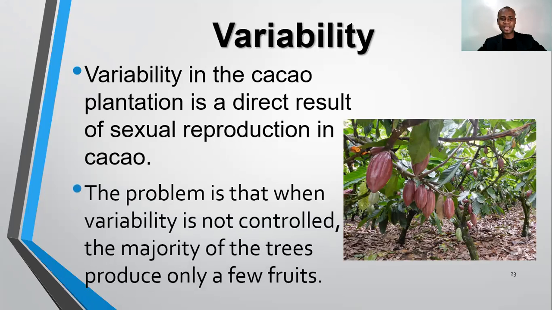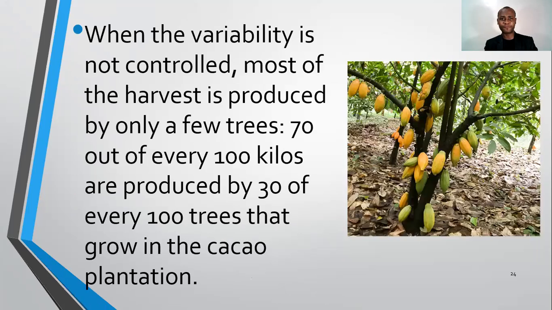The problem is that when variability is not controlled, the majority of the trees produce only few fruit. So when variability is not controlled, most of the harvest is produced by only few trees.